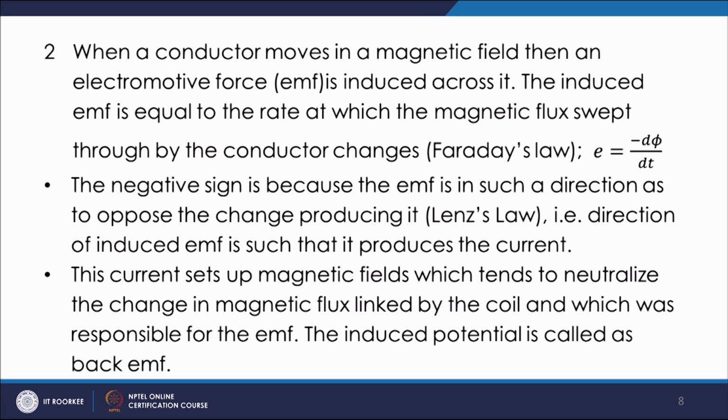That is, the direction of the induced EMF is such that it produces a current, and this current sets off a magnetic field which tends to neutralize the change in magnetic flux linked to the coil, which was responsible for the EMF. And this induced potential is also called the back EMF.